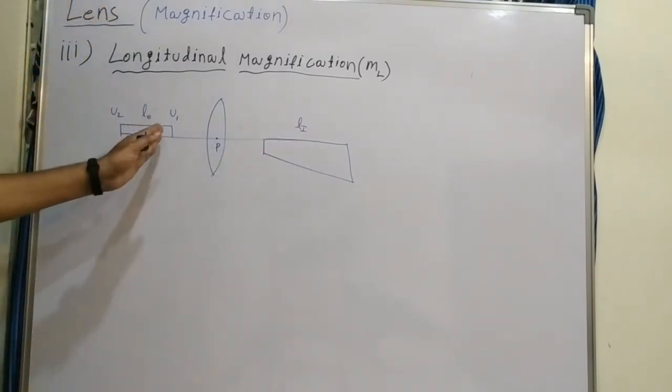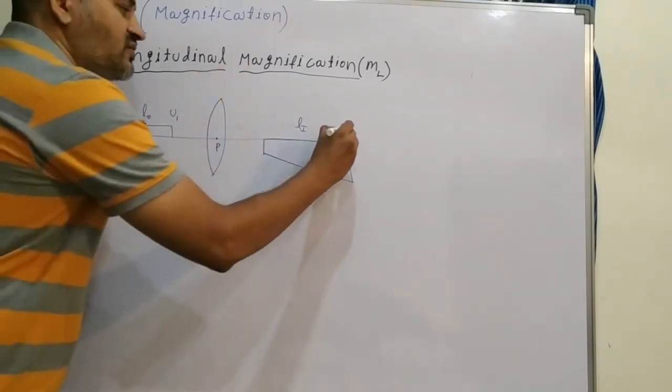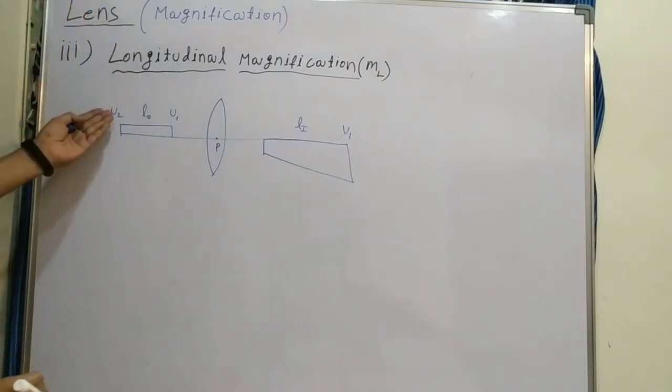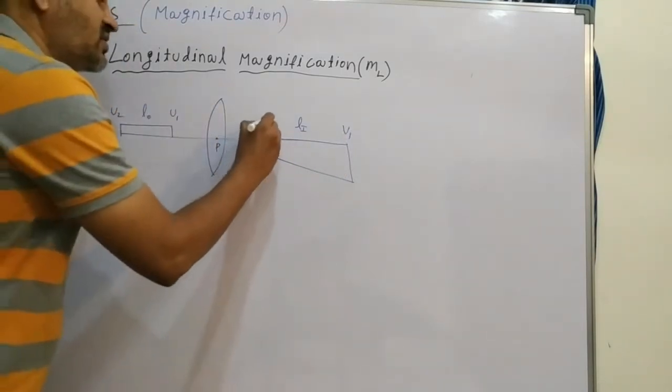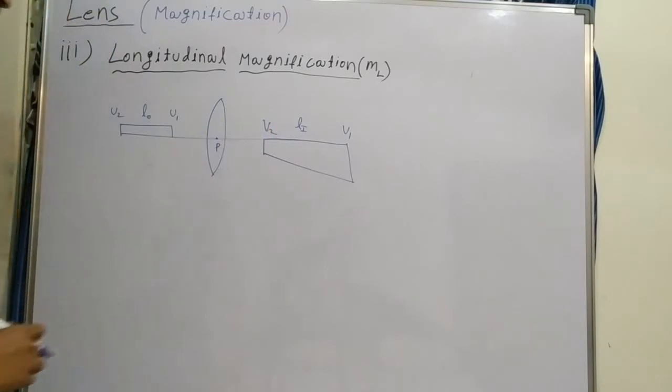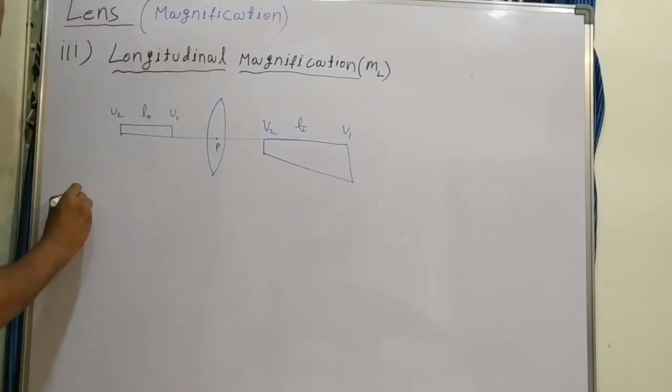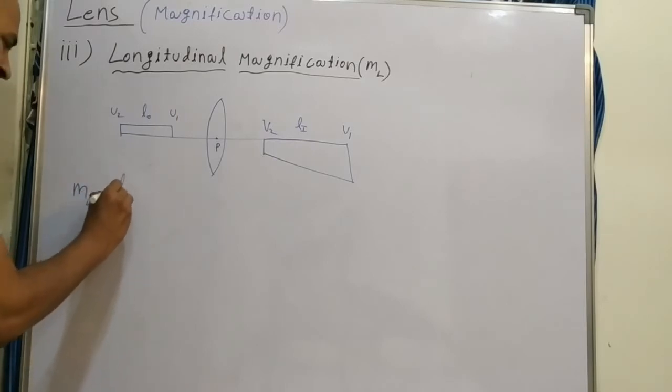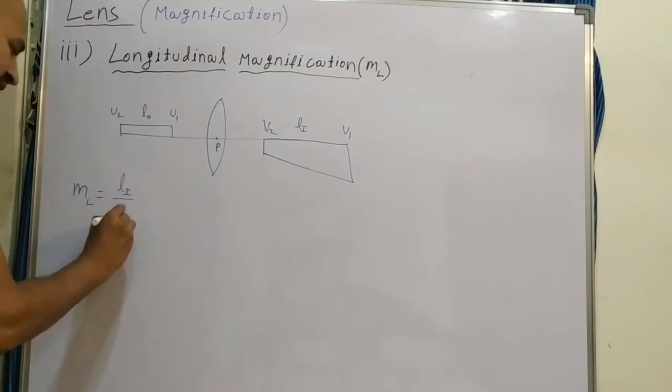The first end gives an image at distance v1, and the other end gives v2. What does longitudinal magnification mean? It is the length of the image by the length of the object.